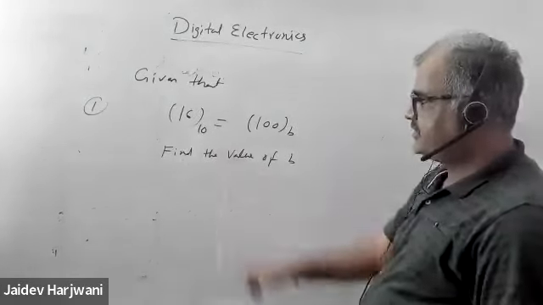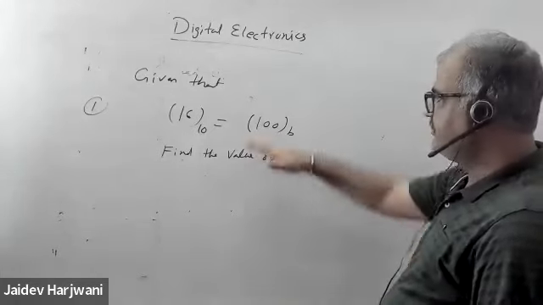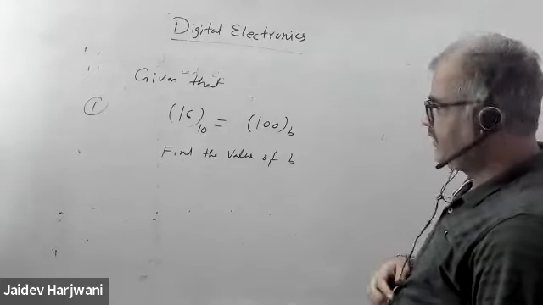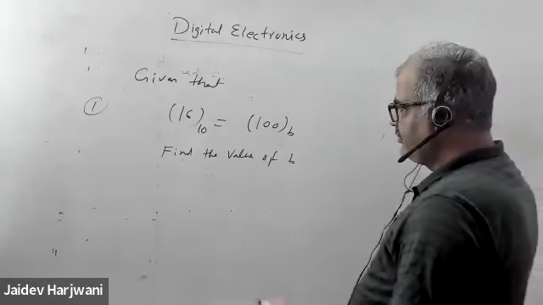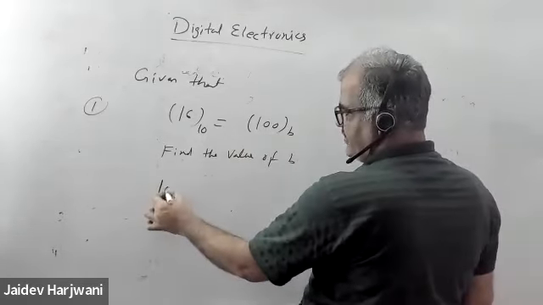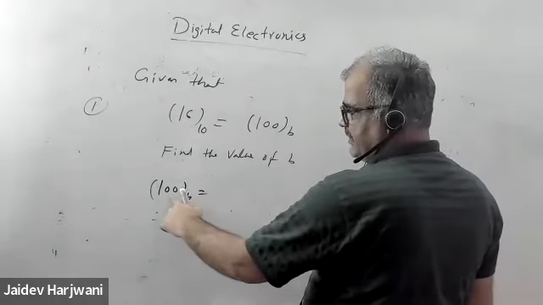So 16 is equal to, in some other number system, 100. So what is the base? I told you, if a number and its base are given, 100 in base B means B power 0, B power 1, B power 2.